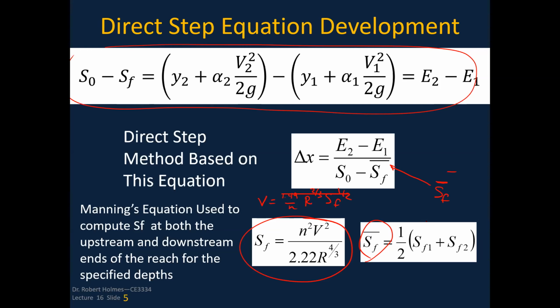This is simply what I did on that example problem in lecture 15, where I calculated the friction slopes at both spots and just averaged. There's a number of other ways. There's a geometric average. There's a simple average like this. There's a harmonic average. There's a number of different ways to get the averages.